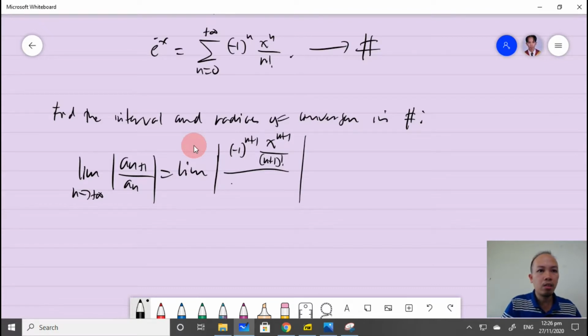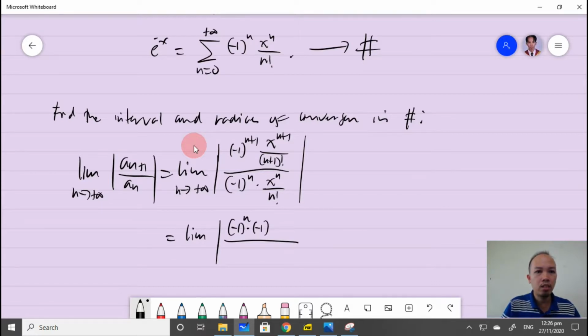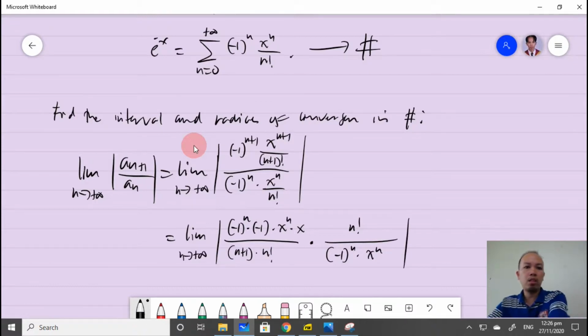Then the denominator becomes negative 1 to the n, x to the n over n factorial, as n approaches positive infinity. Simplify: negative 1 to the n times negative 1, times x to the n times x, over n plus 1 times n factorial, and the denominator becomes n factorial over negative 1 to the n times x to the n.